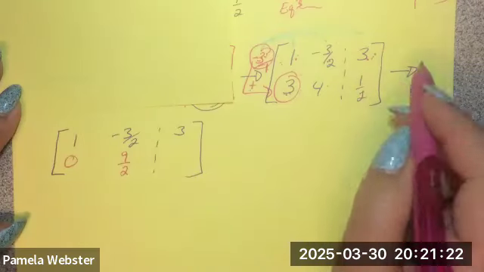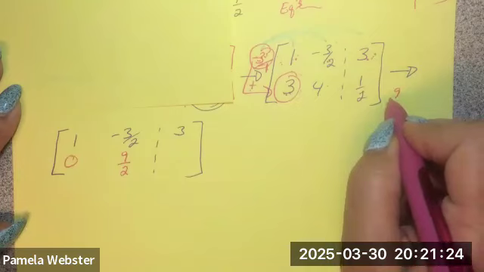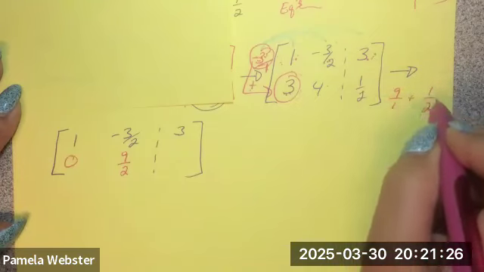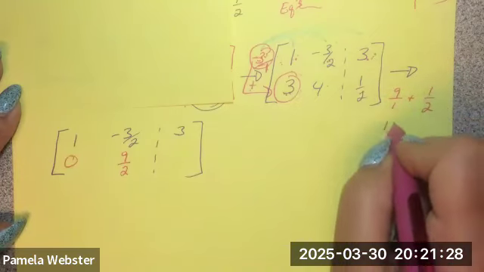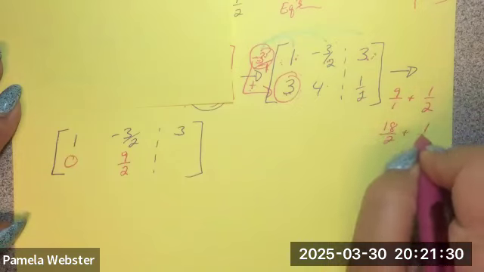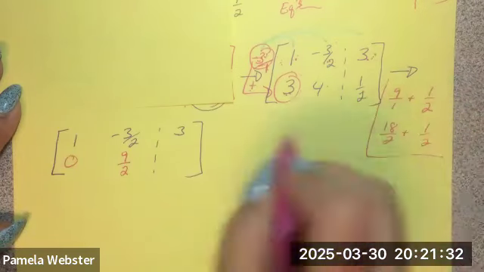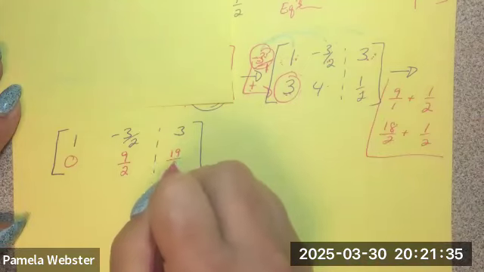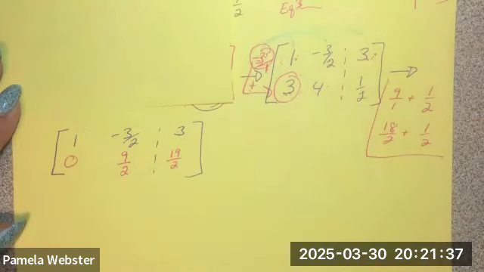I'm adding these down. Let's do that real quickly. 9 plus 1/2. I need to get common denominators. 18 over 2 plus 1/2. That's going to be 19 over 2, right? I'm not too stressed about it. I think it'll be okay. Don't worry about it.